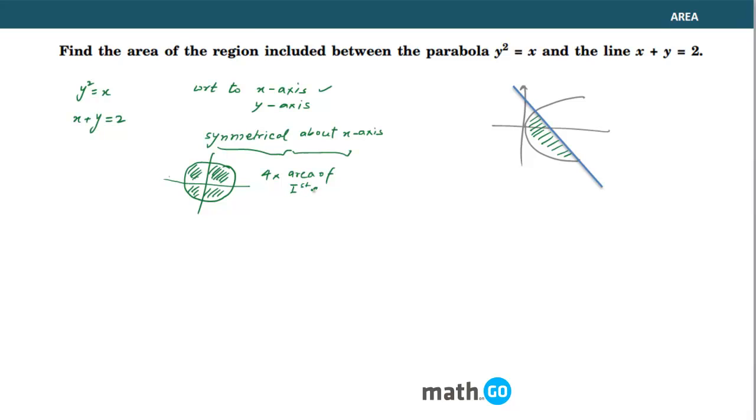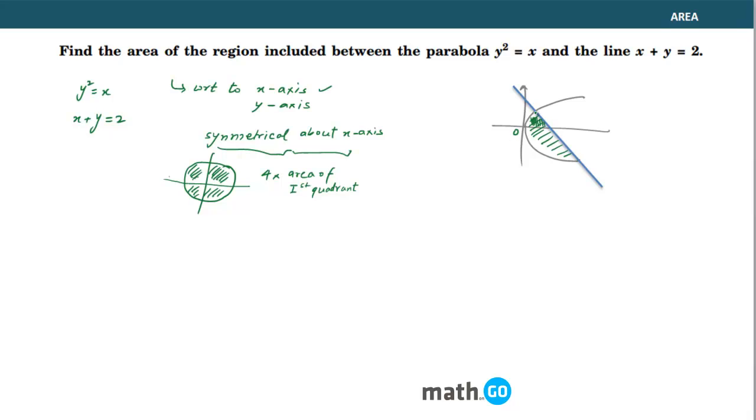Area of first quadrant. But I cannot apply that particular concept in this question because this area, the above area, let's say this is the region above, is different from the area which is below it. So the method of doing it with respect to x-axis actually is very tricky here, right? I can teach you that it could be solvable, but it is very lengthy because first of all, you know the start point here, right? This is the start point, x equal to 0.